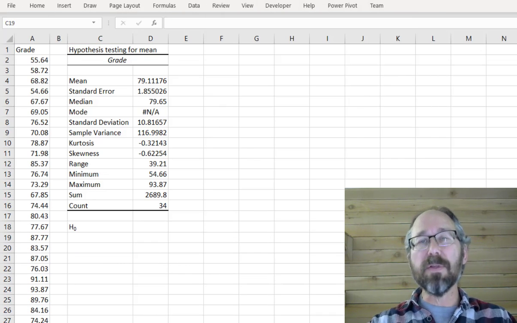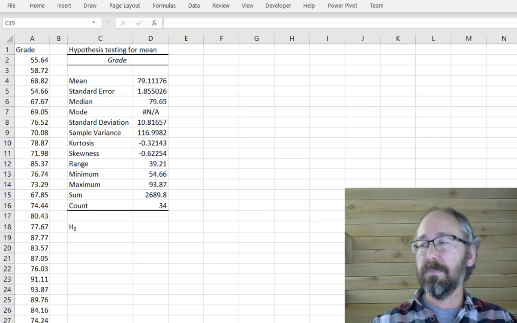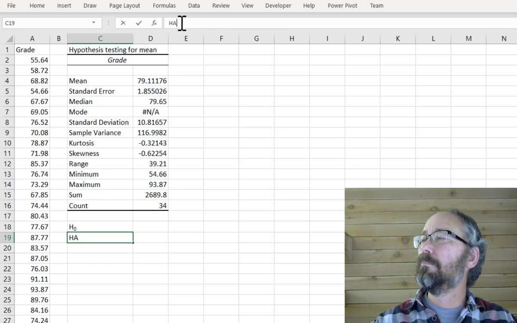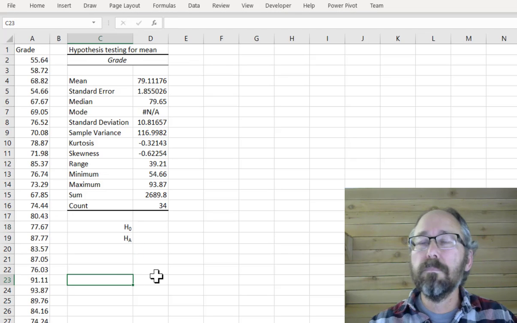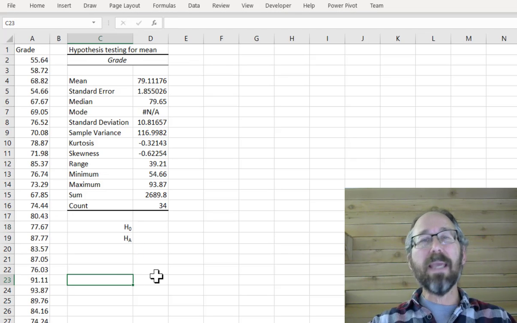The alternative hypothesis is a competing theory about your population. And so the alternative hypothesis states things in opposition to the null hypothesis, and it's designated by H sub A. Now, since we're making hypotheses about the population mean, we'll use the Greek letter mu.